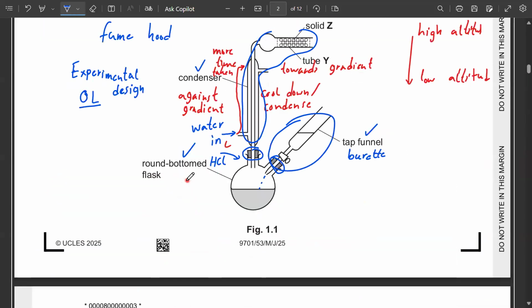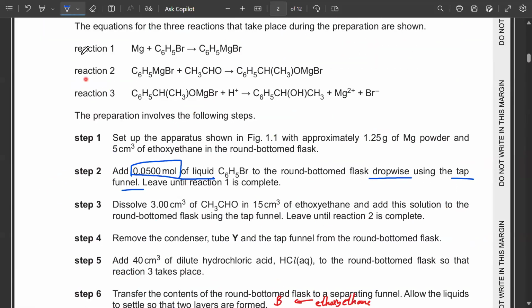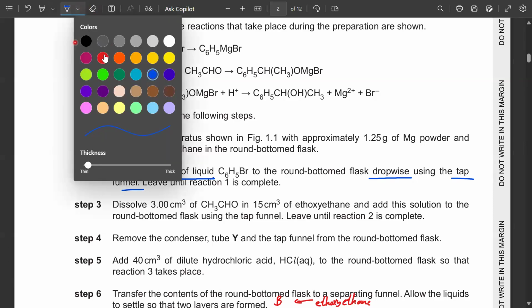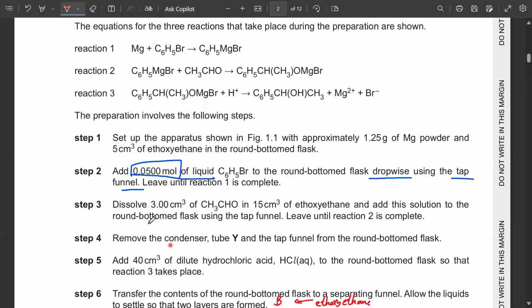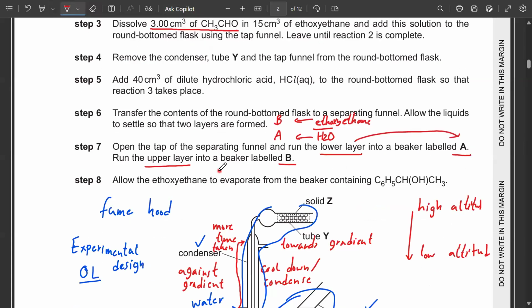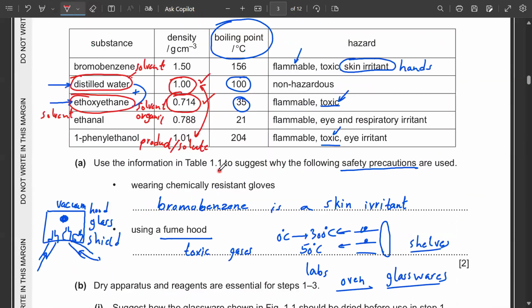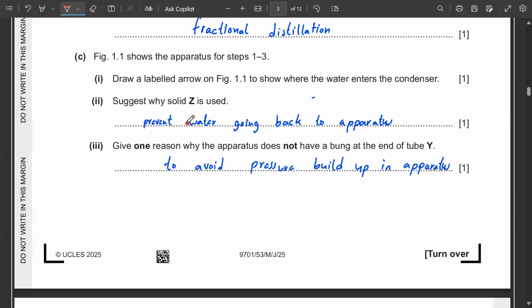We see that they used this much volume of the ethanol. They used 3 cm³ of the ethanol here, and in the table we also have the density, 0.788. So we have the volume, we have the density. We can use these values.